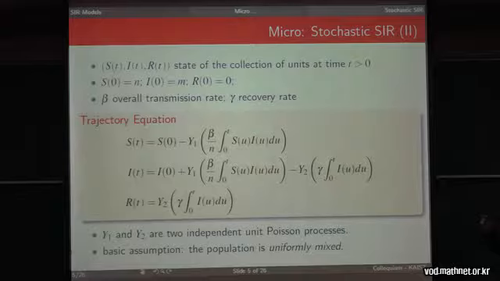This particular model is maybe too simple to apply immediately to an Ebola application. I want to talk about something slightly different. But yes, in the Ebola case, R would be removed. So that would be an individual who is removed for whatever reason. This individual either recovered and attained immunity and is no longer a susceptible individual, or the individual died. In that sense, that individual is also removed from the population.